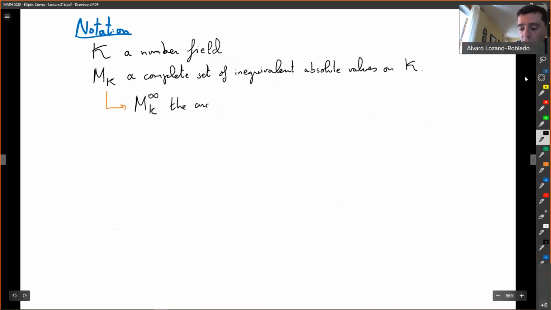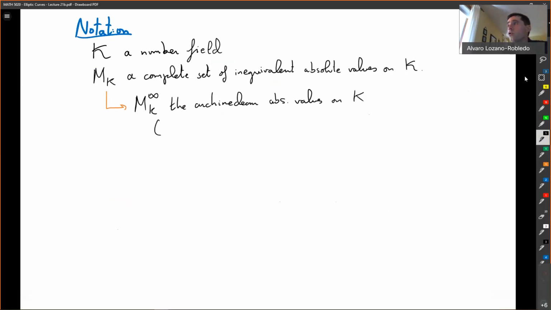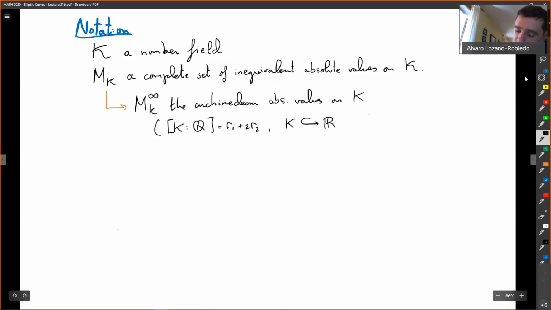So they are Archimedean absolute values on K. So K is going to be a number field of degree r1 plus 2r2, and what that means is that there are r1 embeddings into R, which give me absolute values that way, depending on how I embed into the real numbers and then take the real absolute value.